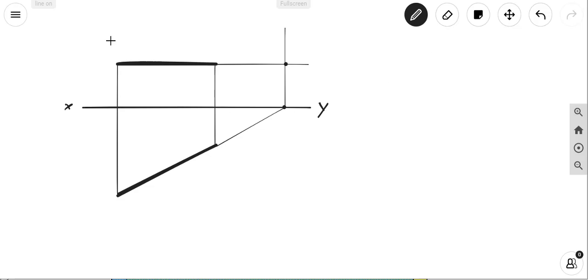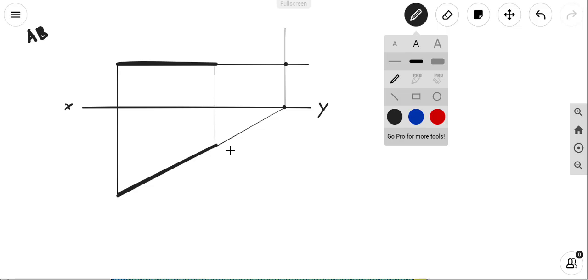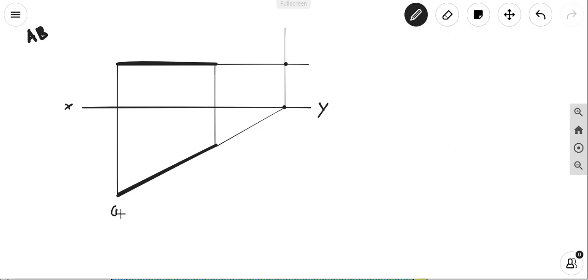So I will name it. Let's say that this particular line is AB. This is the top view, so the naming will be A and B. This is the front view, so A dash, B dash, and this will be the vertical trace, because vertical trace is the point of intersection of the line inclined to the vertical plane, and it can be seen only in the front view.